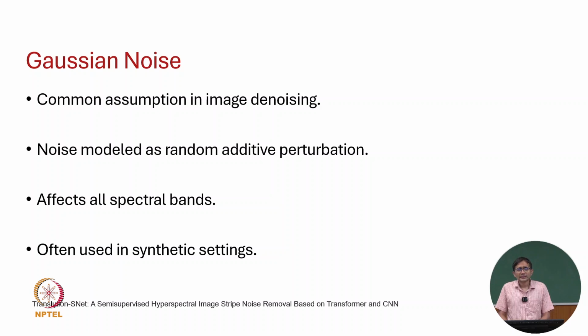Often, image denoising assumes Gaussian noise, which is modeled as a random additive perturbation. This affects all spectral bands. So often in our research, in synthetic settings, we assume Gaussian noise.